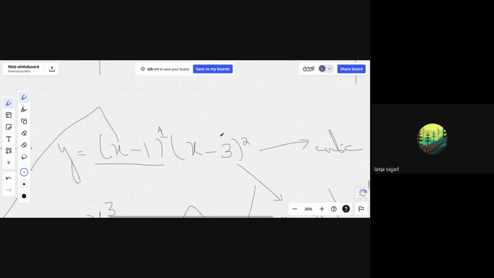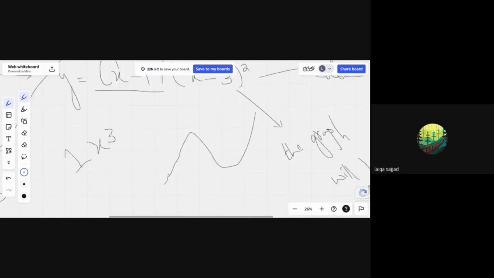But looking at the second factor, it's x minus 3 and its power is 2. Whenever you have a power of 2, it gives you a turning point at that point. x minus 3 would be equal to 0, so x would be equal to 3. It means that you will get a turning point when the value of x is 3, and you will get the x-intercept when the value of x is 1. So these are the two different things.